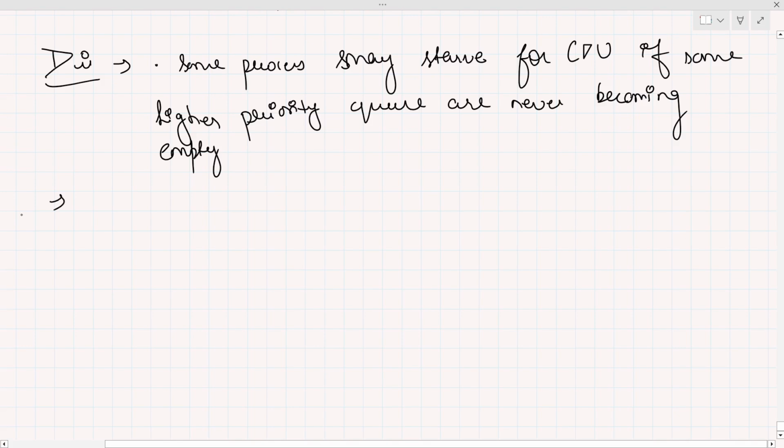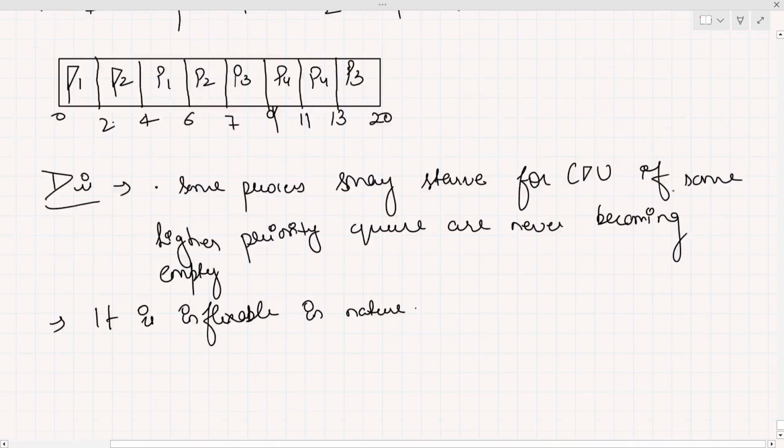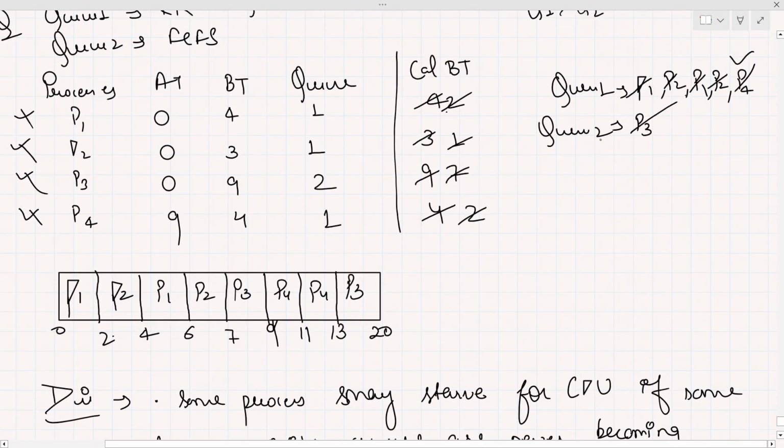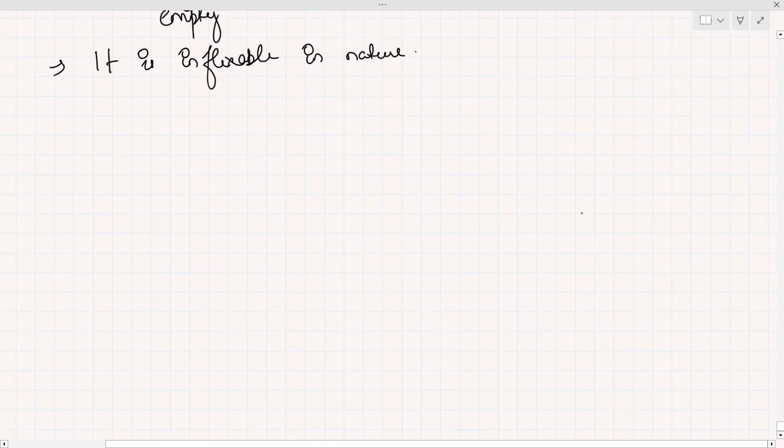Another disadvantage is that it is inflexible in nature. What is the meaning of inflexible in nature? It means that you cannot shift processes from Q1 to Q2. Let's take an example to understand this.